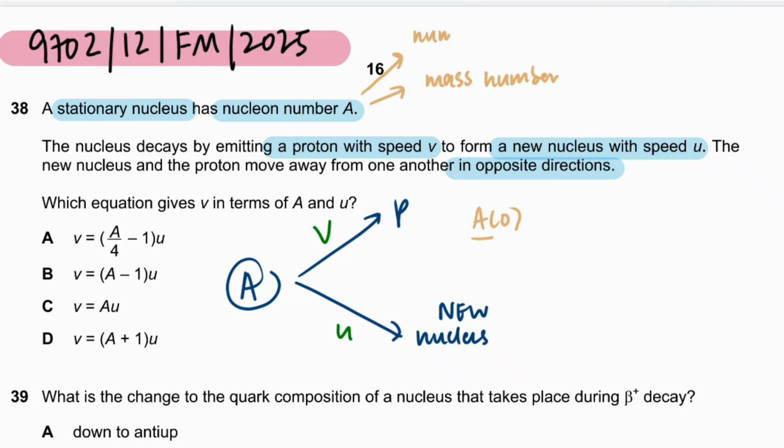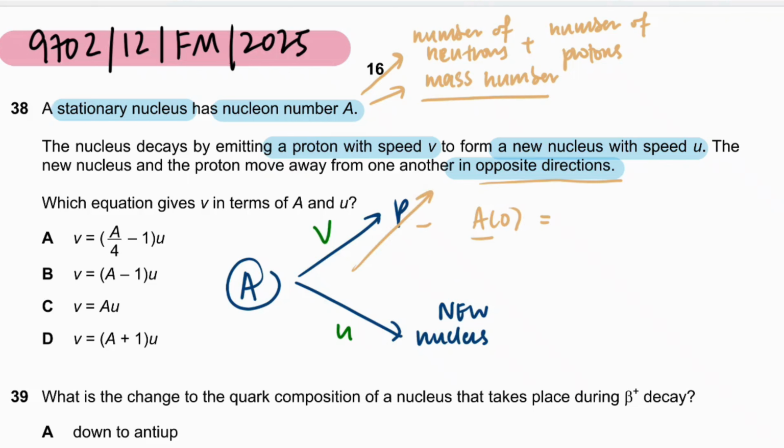Now what would be your final momentum? Remember, they are moving in opposite directions, so you need to take into consideration your sign. I'm going to take going up here as positive and the opposite direction will be negative. So here you must be a little bit careful. What would be my mass number for the proton?